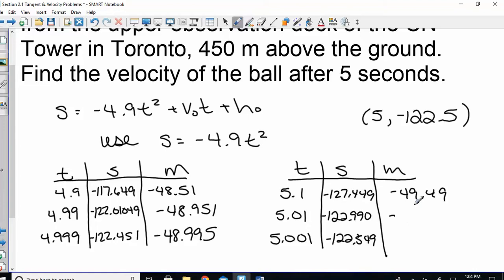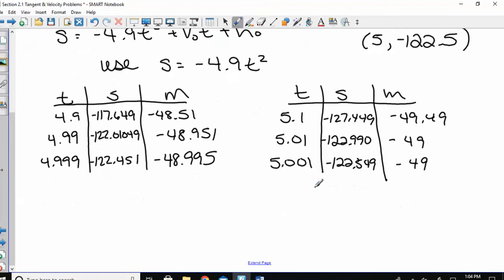So we would have negative 122.5 minus negative, so plus 122.990, divided by 5 minus 5.01. Get negative 49. What about 5.001? I also got that, and that's due to rounding.